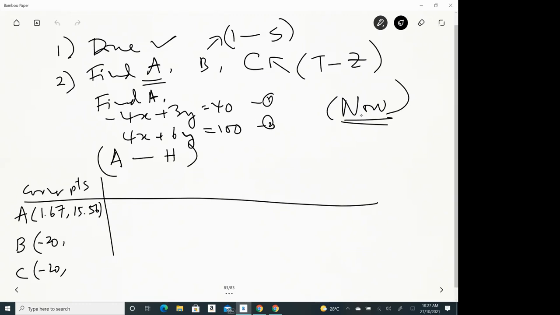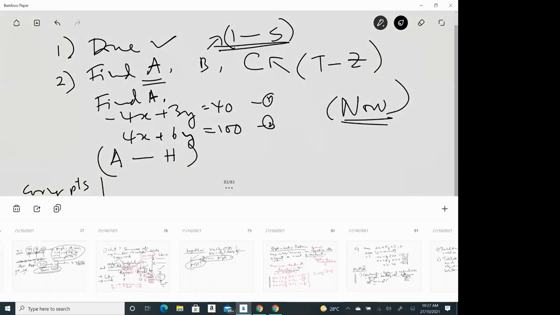Those of you whose names are from I to S, what is the point B? Right, apa tu dapat? So is it negative 13.33? I don't know because I'm not the one doing it. So whatever you get, you tell me.